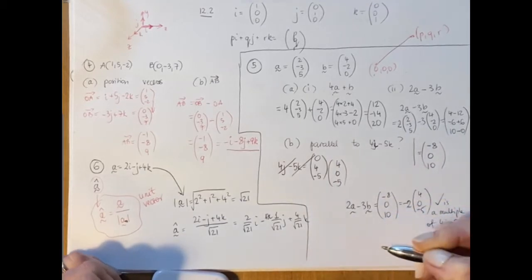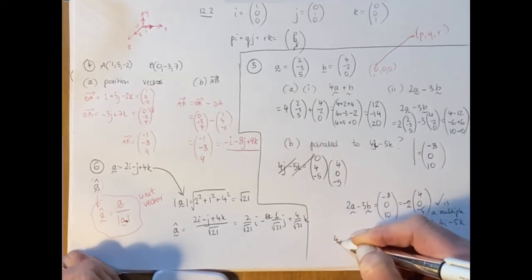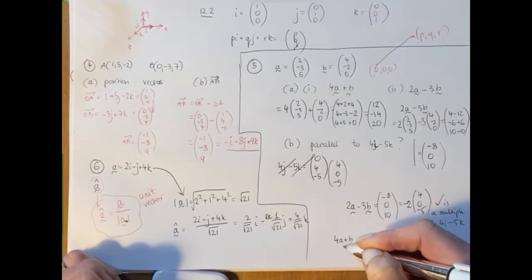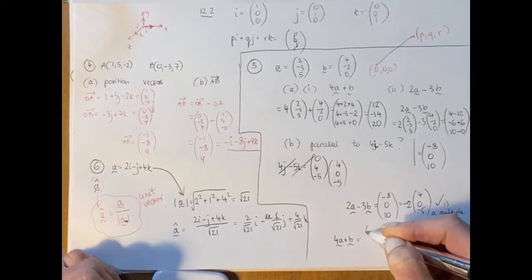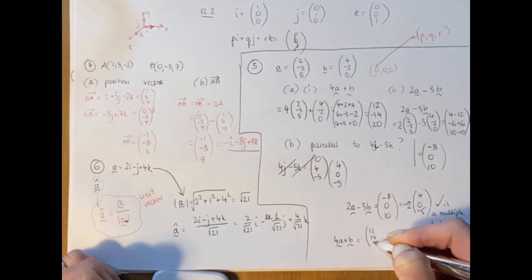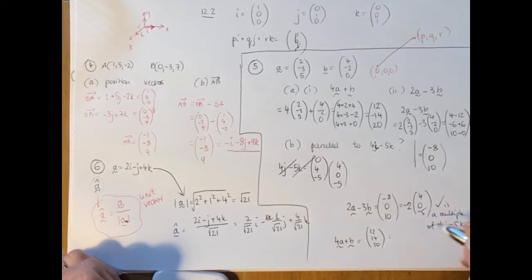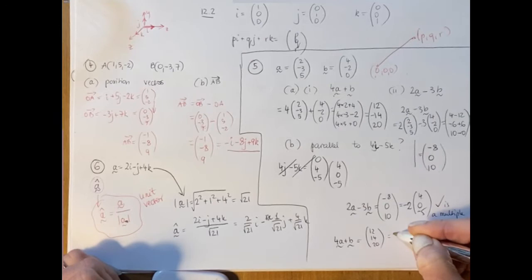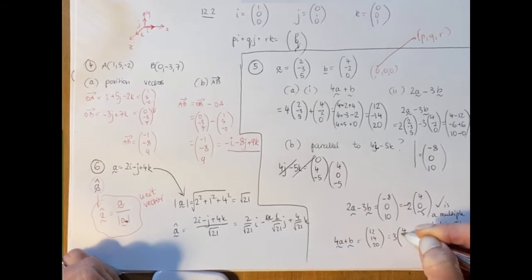If you look at vector 4a plus b, which was 12, 14, 20, I would try to make the top number the same, so 4. We put 3 and divide by 3, and you'll get 4 over here. That's going to be 14 over 3 and 20 over 3.